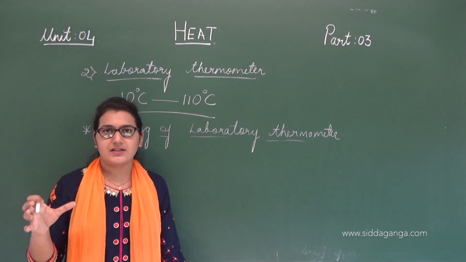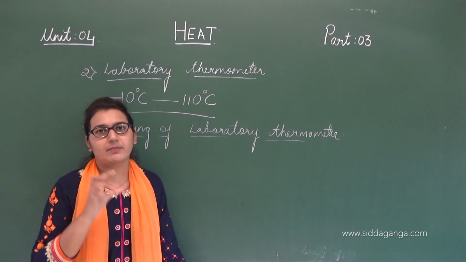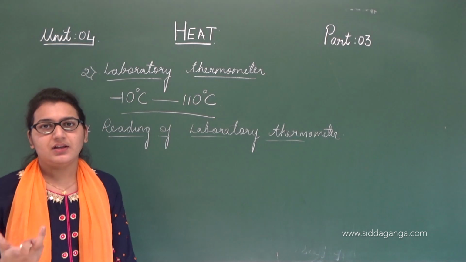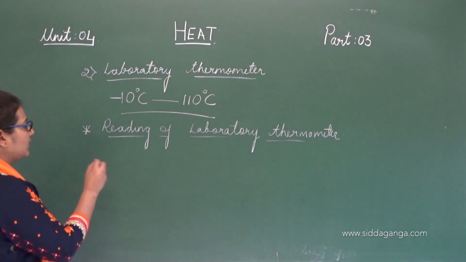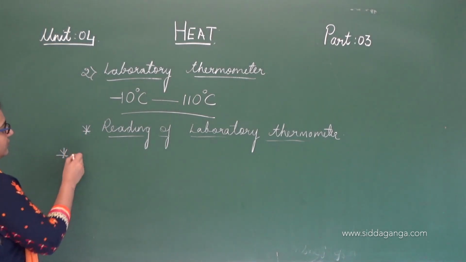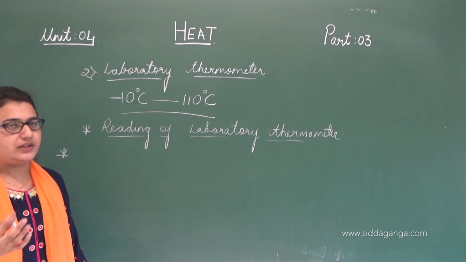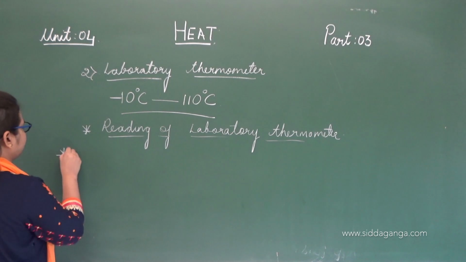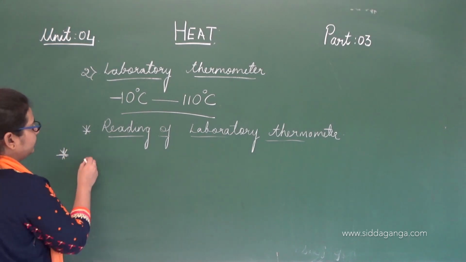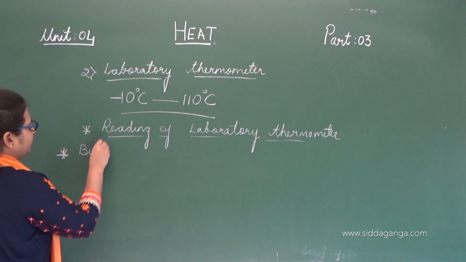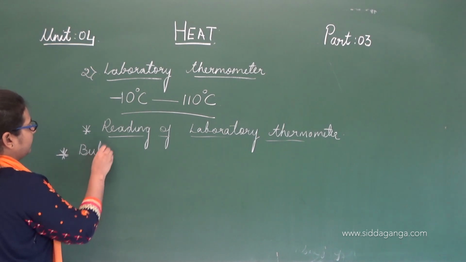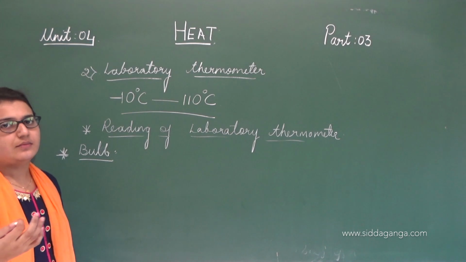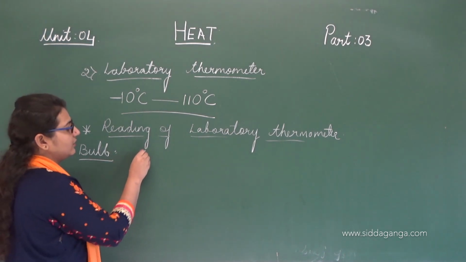It is a glass tube. Even this has a bulb structure. Even in this, mercury is used. So the most important features of this laboratory thermometer: even this has a bulb structure, which has to be connected with the body.